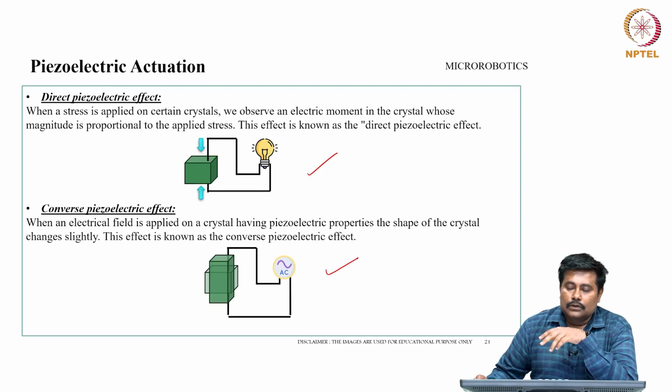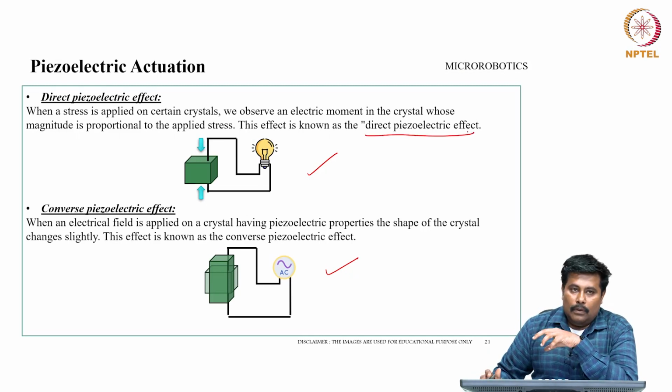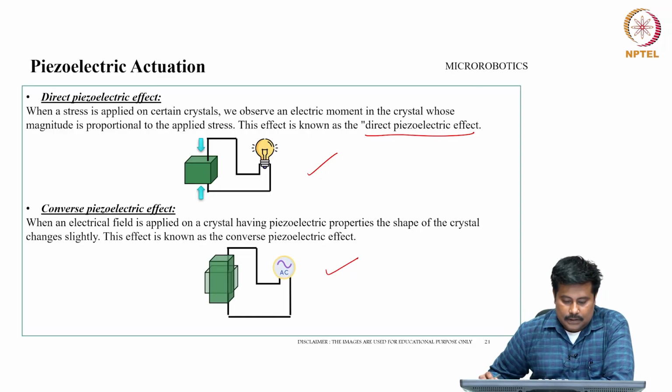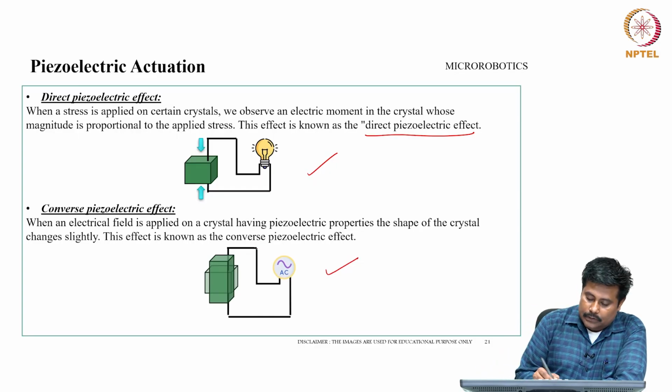This effect is known as the direct piezoelectric effect. However, in the case of a converse piezoelectric effect, when an electric field is applied on a crystal having piezoelectric property, the shape of the crystal changes slightly. This effect is known as the converse piezoelectric effect.